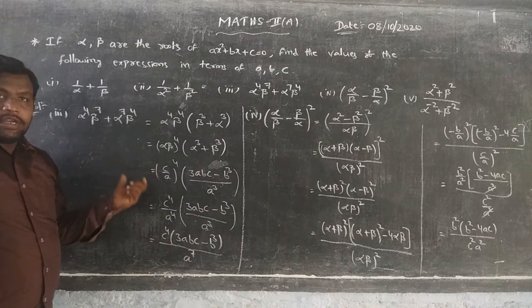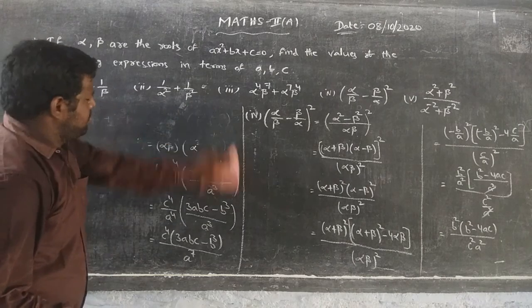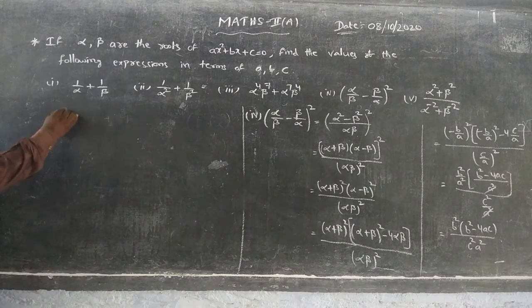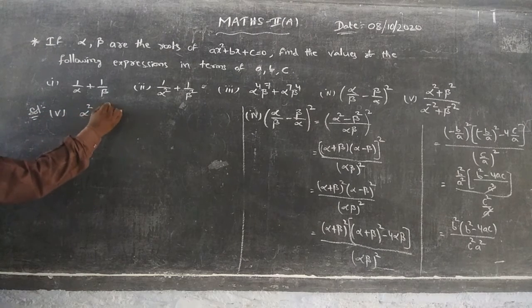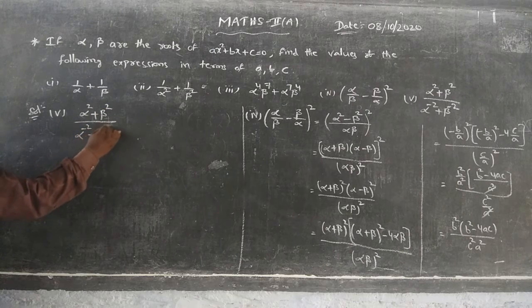Okay, fourth one completed. What is the last one? The fifth one. Alpha square plus beta square by alpha power minus 2 plus beta power minus 2.